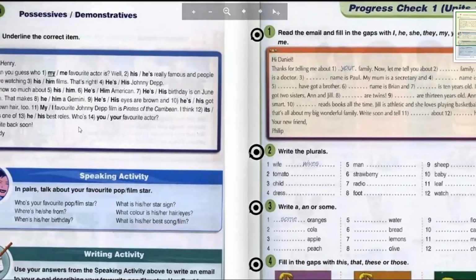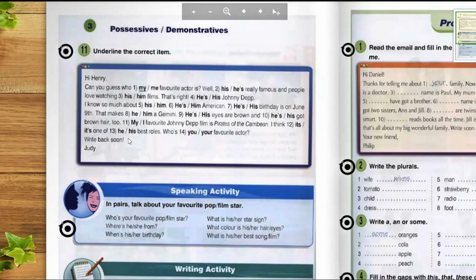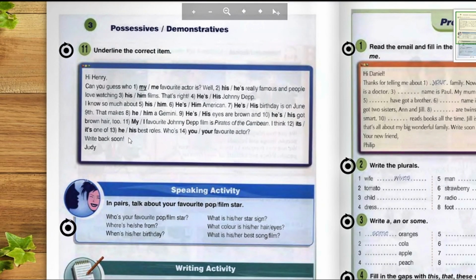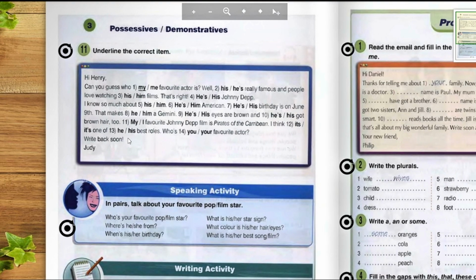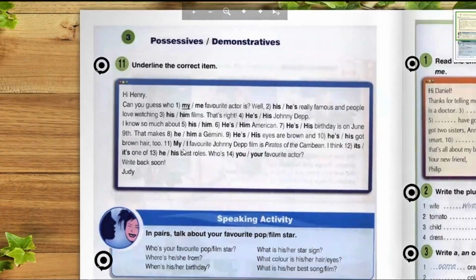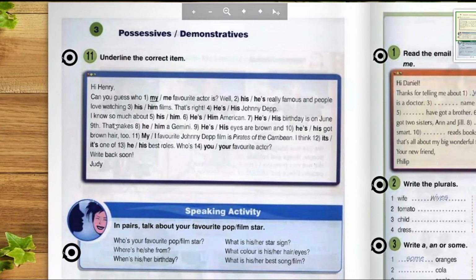Underline the correct item. Hi Henry, can you guess who my favorite actor is? Well, he is really famous and people love watching his films. That's right, he is Johnny Depp. I know so much about him. He is American. His birthday is on June 9th.